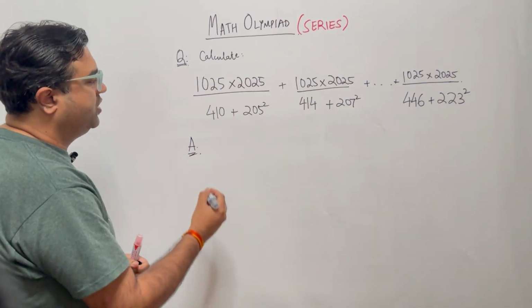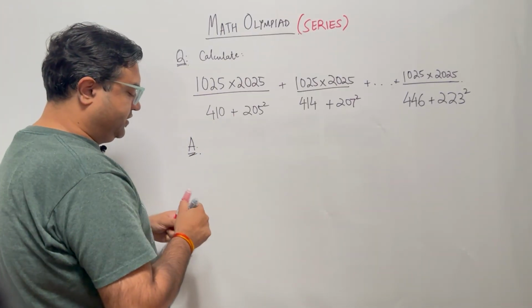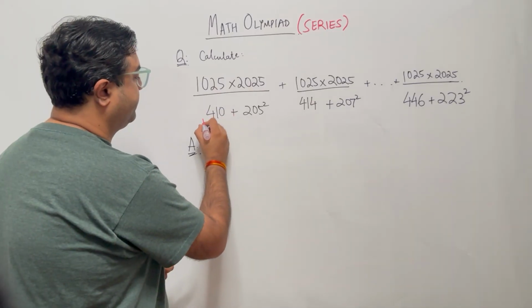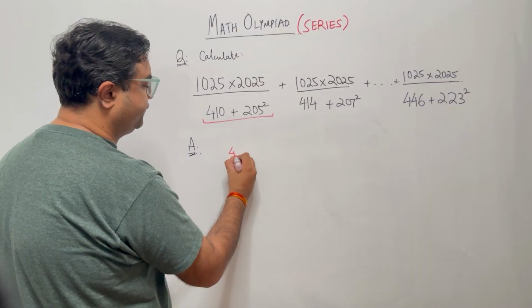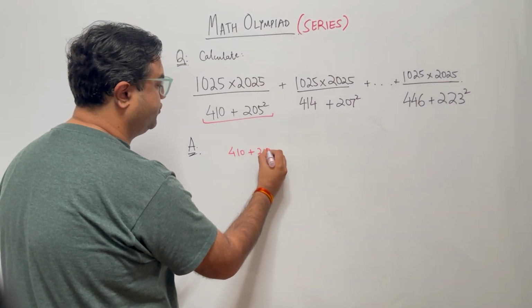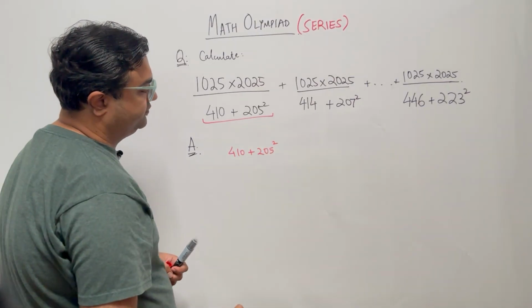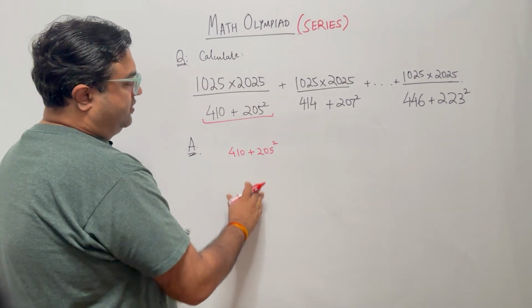Okay, so now let's look at this denominator. The denominator is 410 plus 205 square.